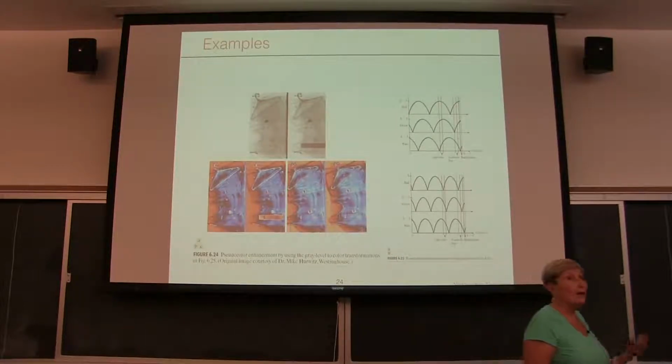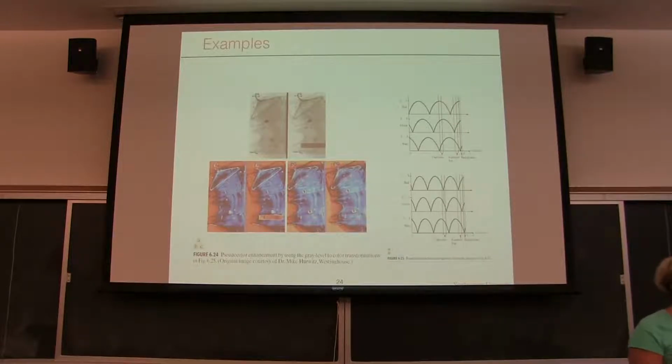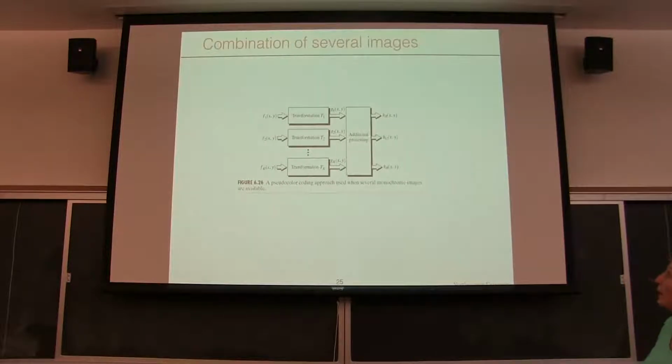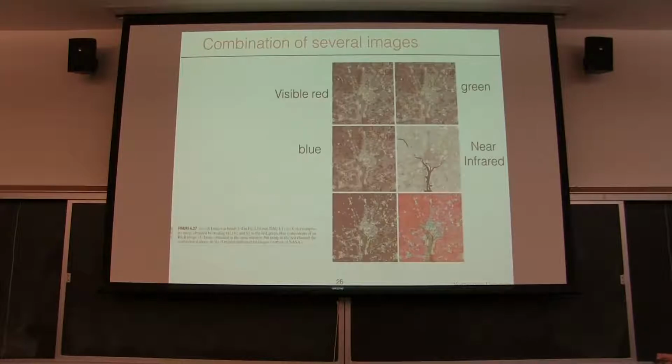So it takes some experimentation and experience to decide what the right functions are to visualize or highlight what you want to see. You can have many transformations, and then go to red, green, and blue. You can do all sorts of things of that sort.